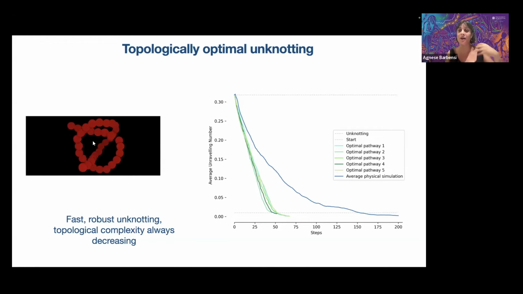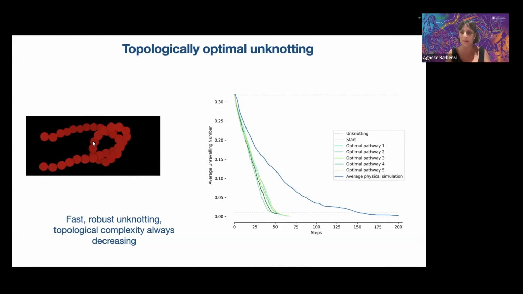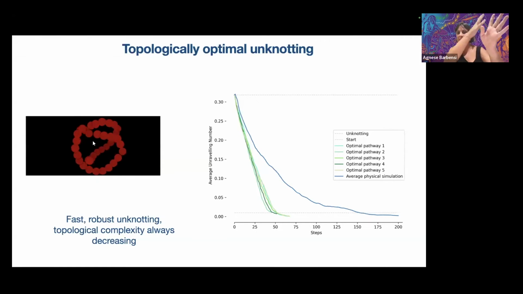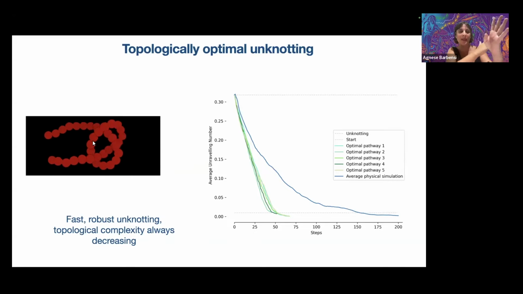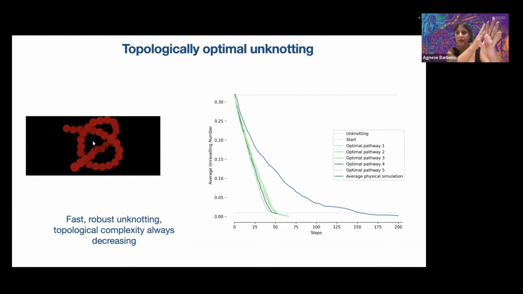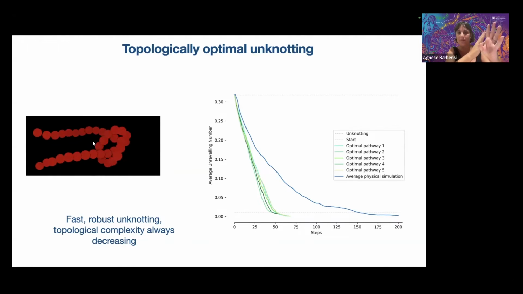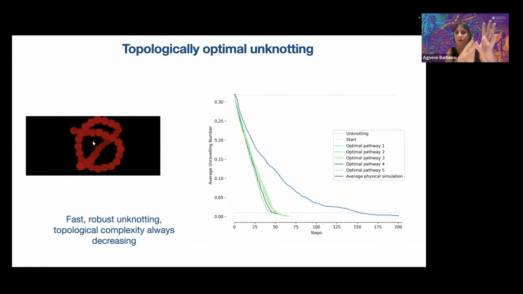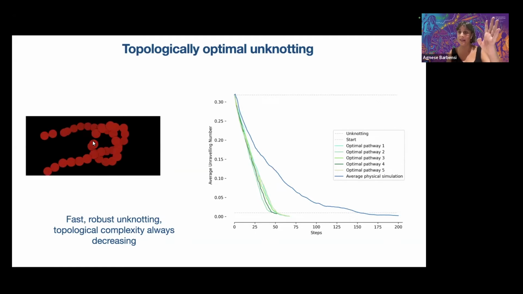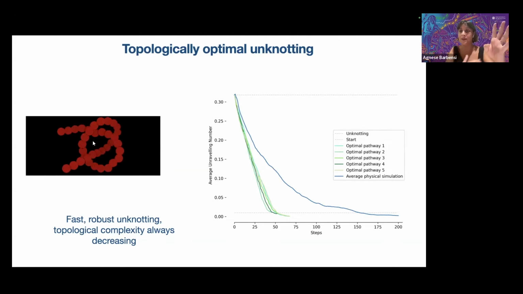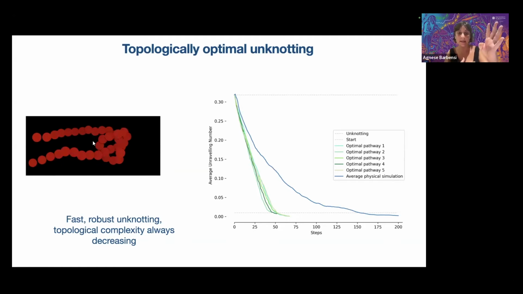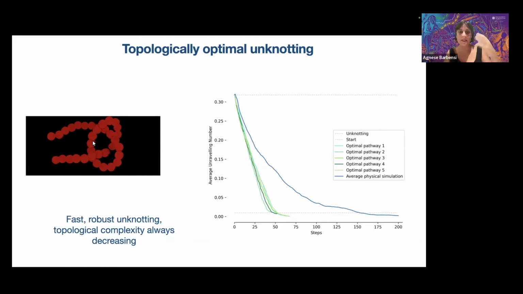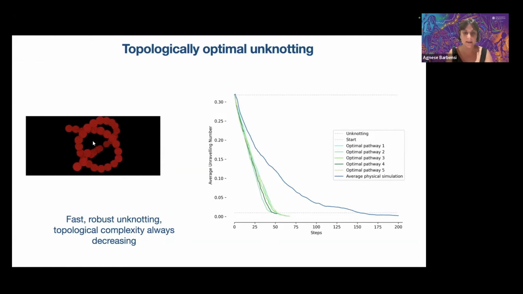So even if we are approximating these optimal pathways, and obviously each pathway is going to be unique, we can be reasonably happy that we are getting close to the optimal one, since all the runs are quite consistent with each other, and these pathways seem to be quite robust.